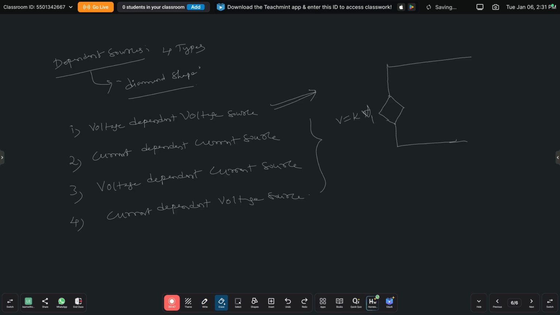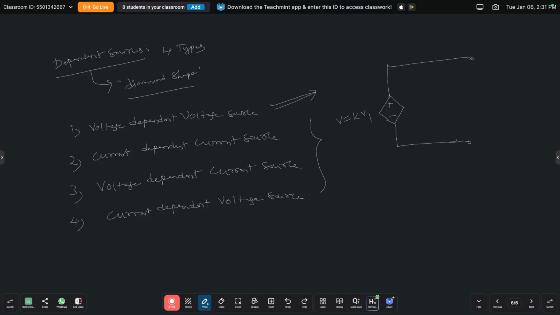So V is equal to K into V1, with plus and minus. This is the symbol of the voltage dependent voltage source.